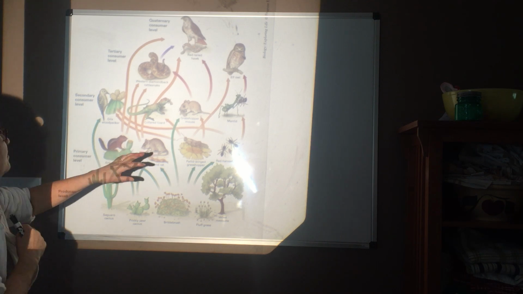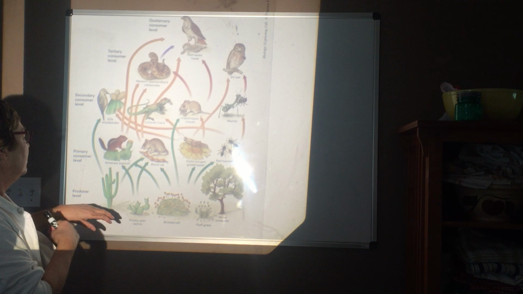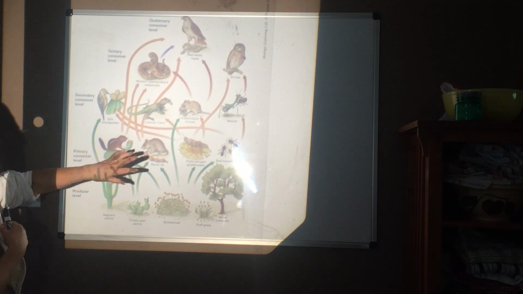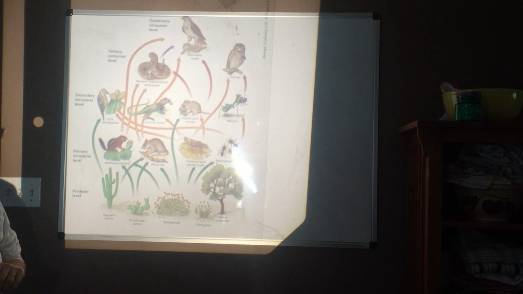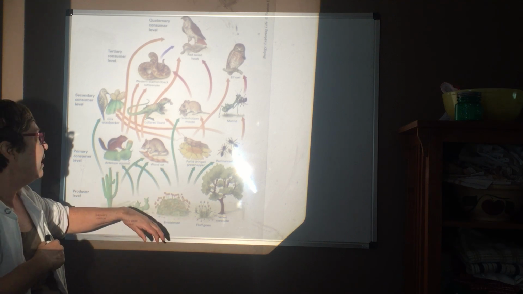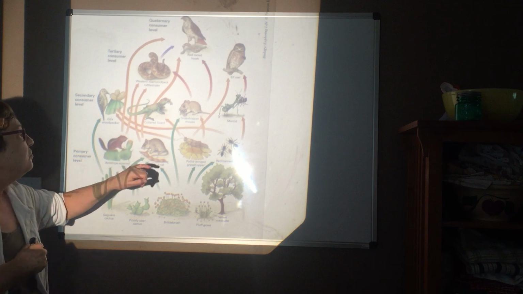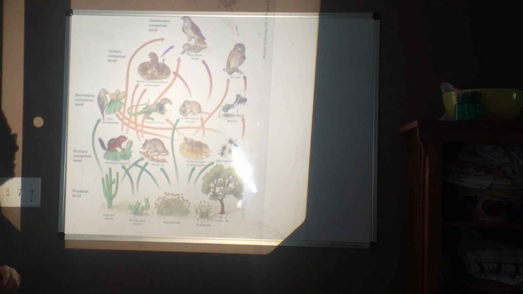Now, the other thing that's clear here is that it's not a simplistic diagram. There's lots of arrows going in various directions. So it's referred to as a web because there's not a strict linear relationship here. Oftentimes, a single organism can act as a primary consumer and as a secondary consumer.